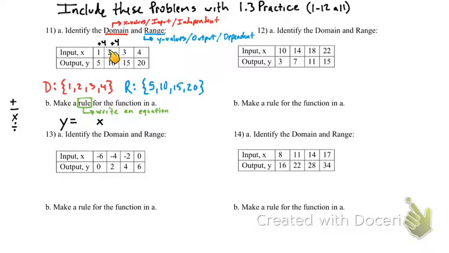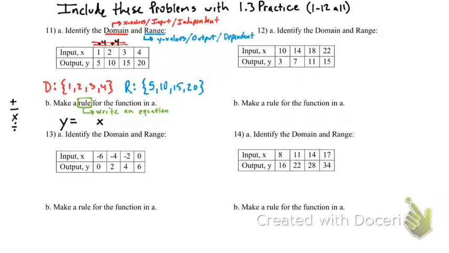So let's try this. 2 plus 4. Does that give me the correct output? Okay? And that answer is no. That means the rule of adding 4, this is a bad rule. It didn't work because it didn't work for all of them.